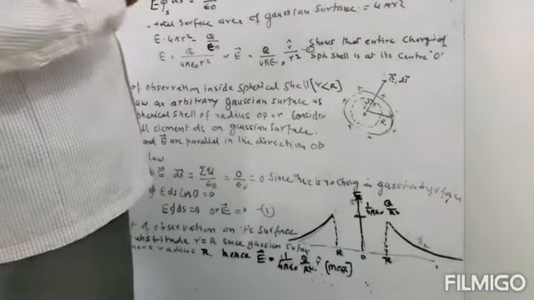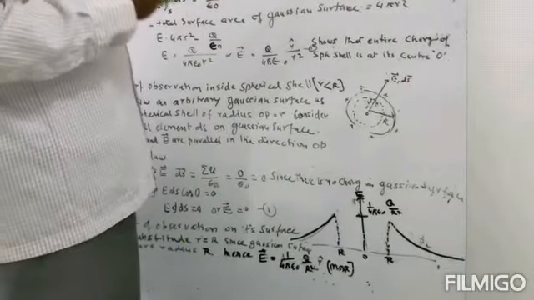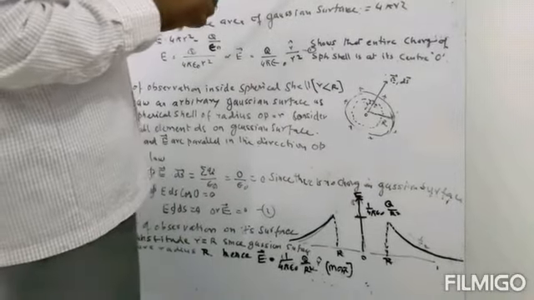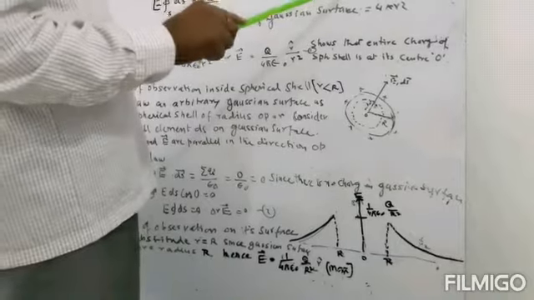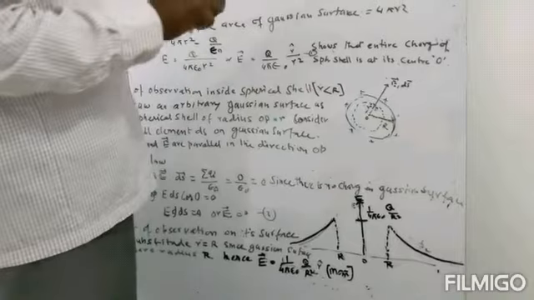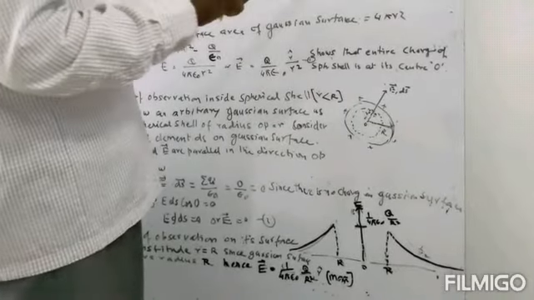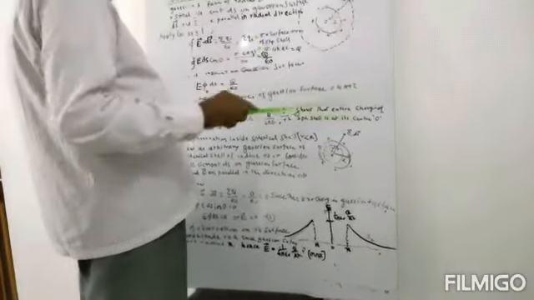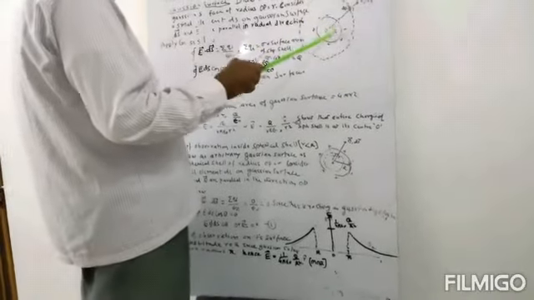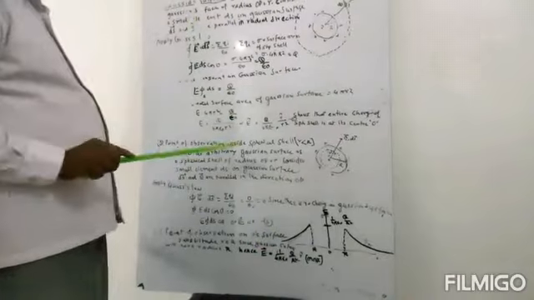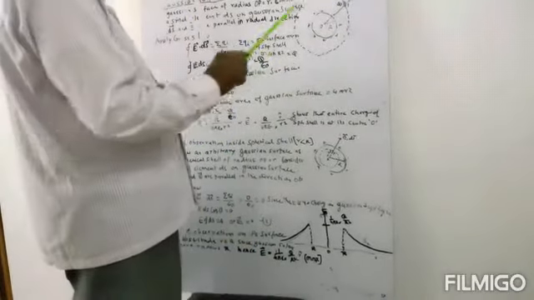So we should not be confused by the expressions, which are common or same whether it is a conducting cell, or a dielectric or non-conducting cell, or a sphere of radius capital R. So in all the three cases, the charge will be only available or only possible on the outer surface.